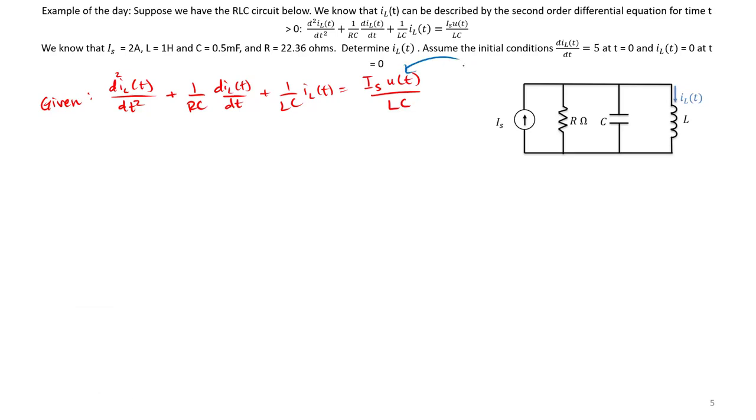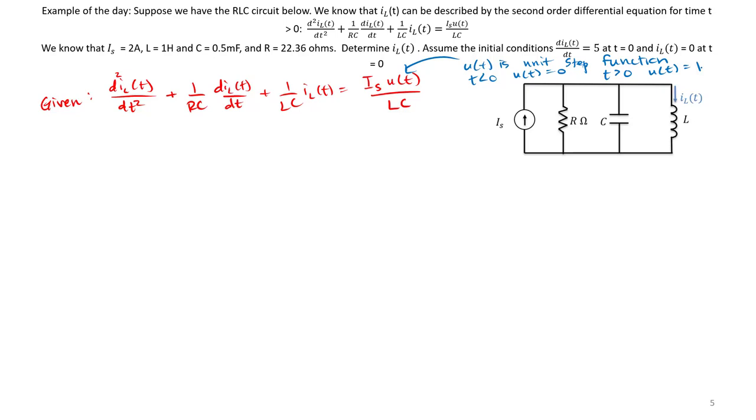And remember here that U of t is our unit step function. So remember, at time t less than 0, U of t is equal to 0. But at time t greater than 0, U of t is equal to 1.